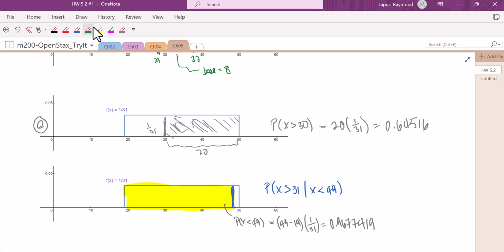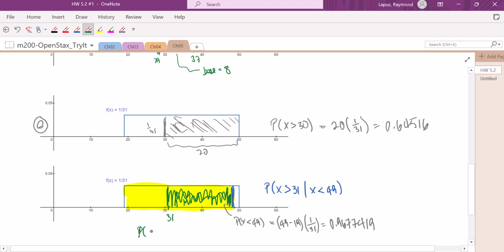All right, so now from here, we want our x values to be bigger than 31, so we only go from 31 up to 49. So let's find this area over here. This is the probability that x is bigger than 31 and at the same time less than 49.